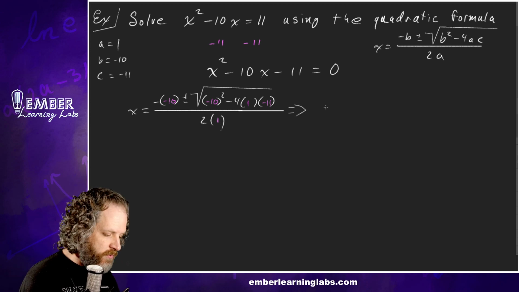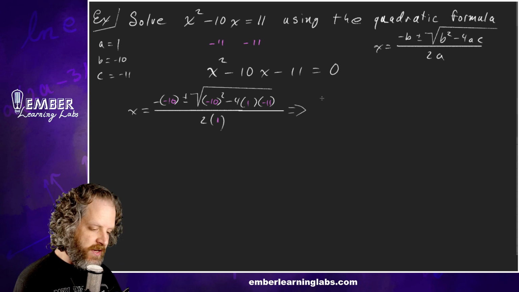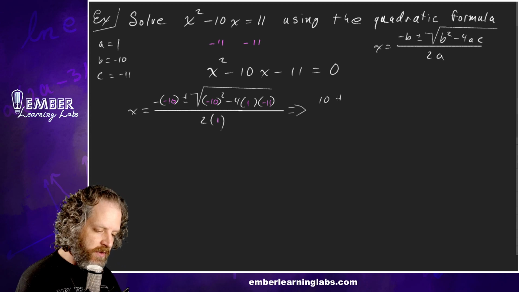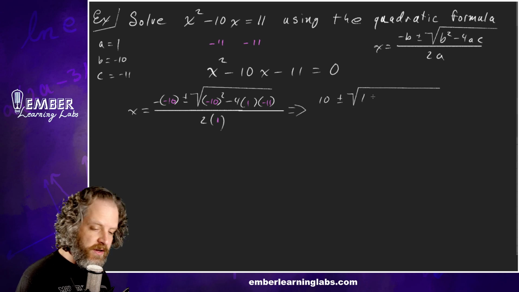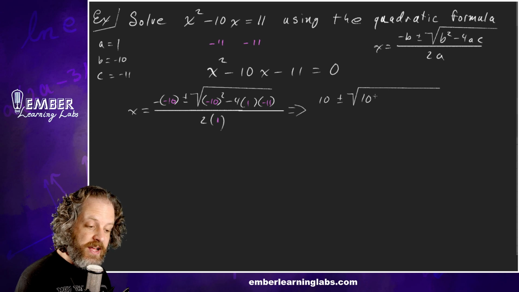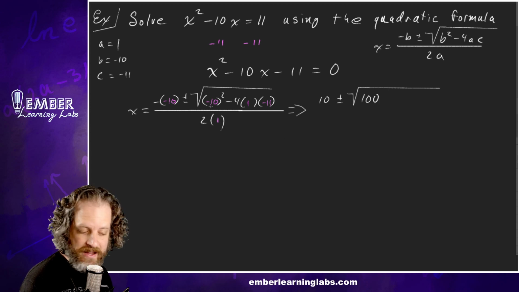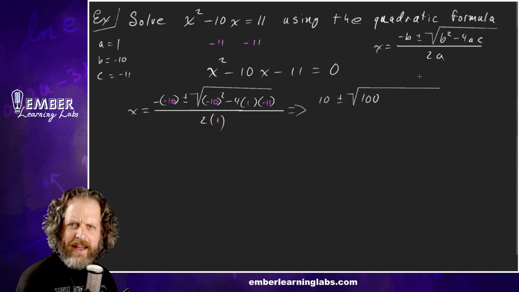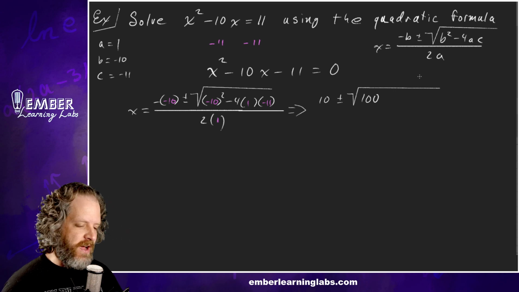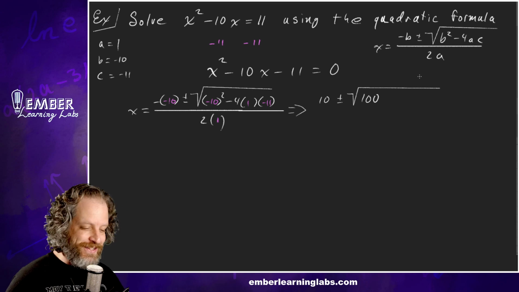So this equals negative negative 10, which is positive 10, plus or minus the square root of b squared, which would be 100. Negative 10 squared is 100, because a negative times a negative is always positive.